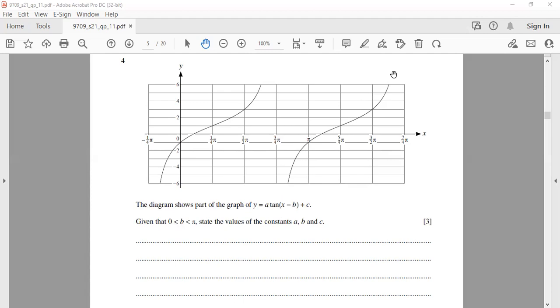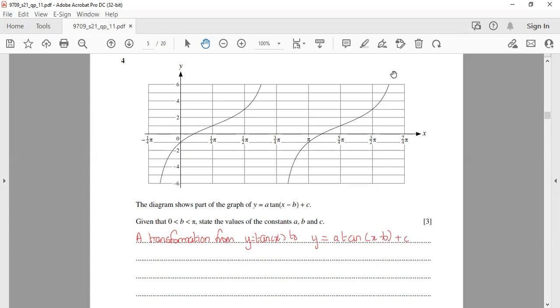So here, if you want to know the transformations, you can consider a transformation from y is equal to tan of x to y is equal to a tan of (x minus b) plus c.